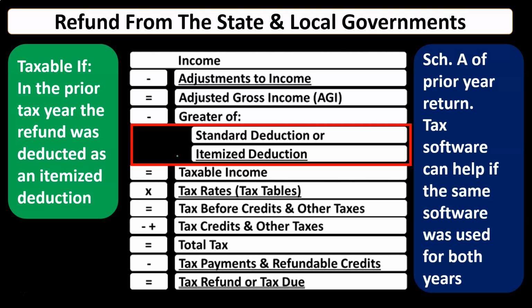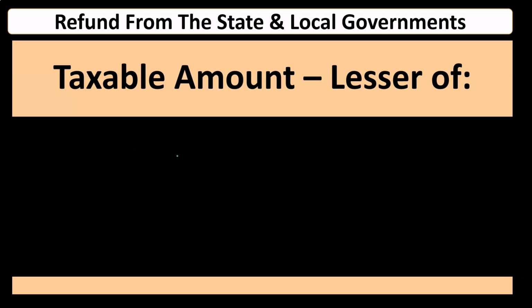However, there are exceptions, because it could be the case that they still didn't get the full benefit of the state taxes, and you should only include in income the portion on which a benefit was received. So generally, most of the time, if they didn't itemize, it wouldn't be included. If they did itemize, probably the entire thing, but it may not be the entire thing.